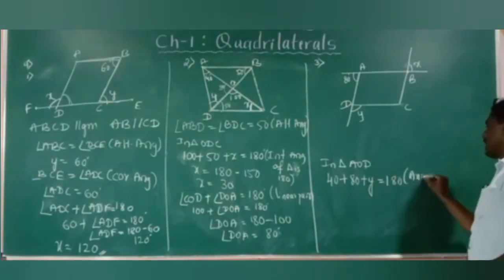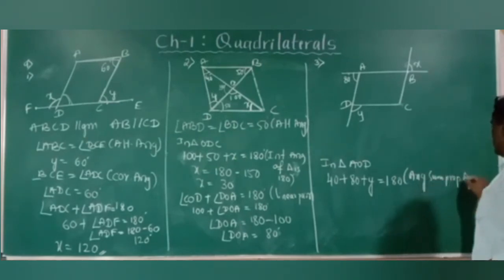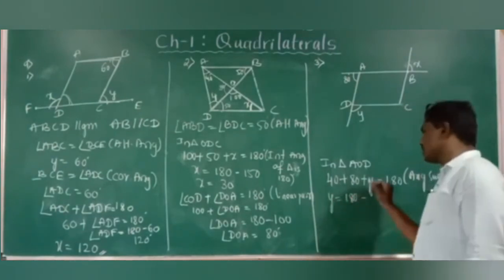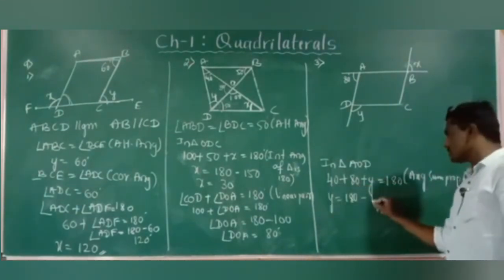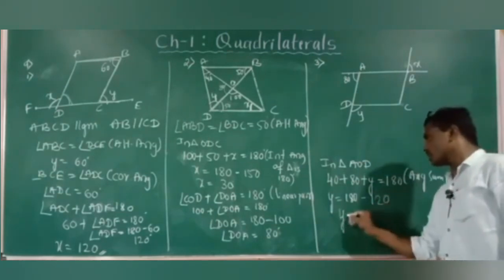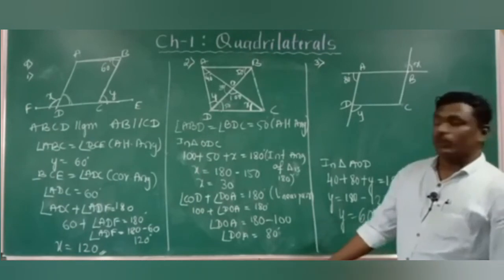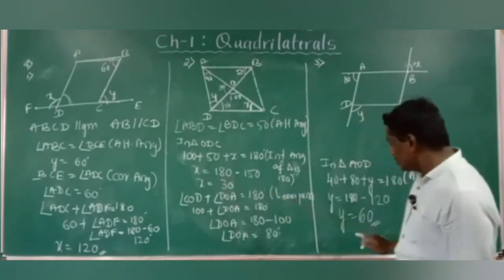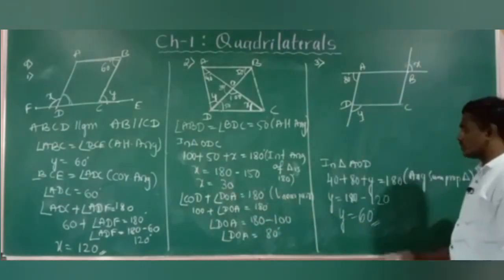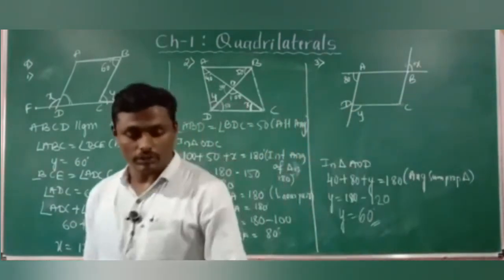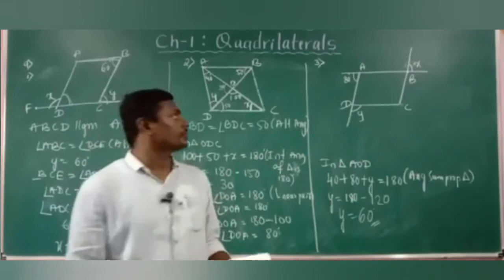Reason: angle sum property of a triangle. So y is equal to 180 minus 120. Now y is equal to 60 degrees. So the required values are x equal to 30 degrees and y equal to 60 degrees. So this is the second question from your ninth main question.